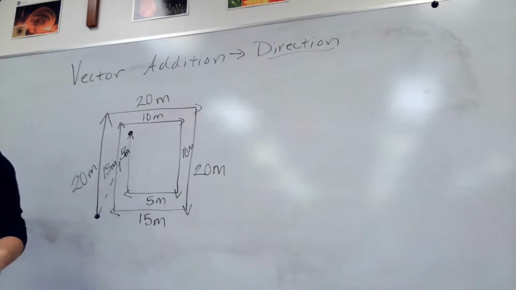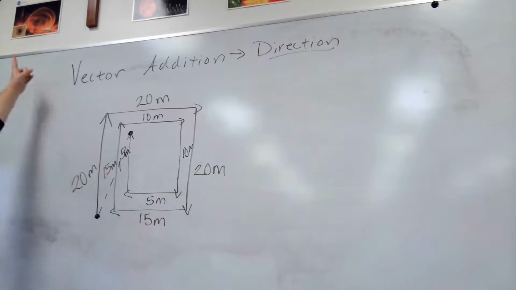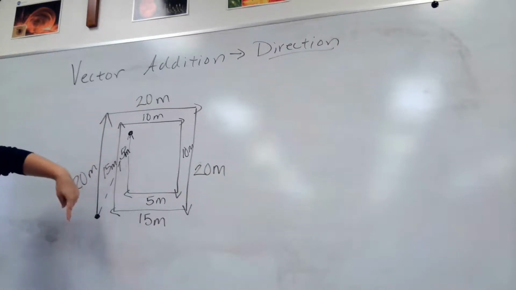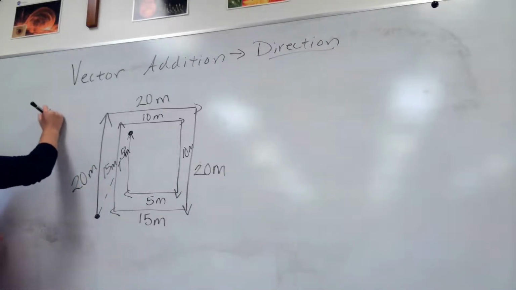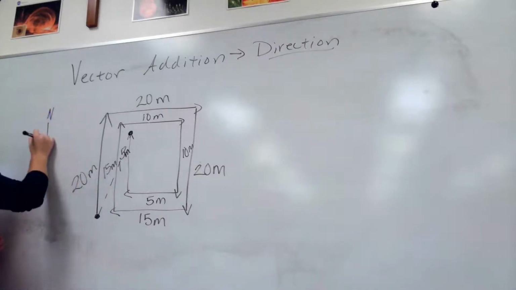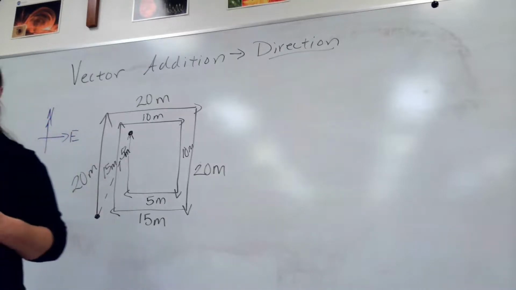Now, if we were to try and add this and assume that we couldn't take things out of order, this problem would become a lot harder, right? We would have to add, I guess we can say that this is north, this is east, south, west. Okay? Good?